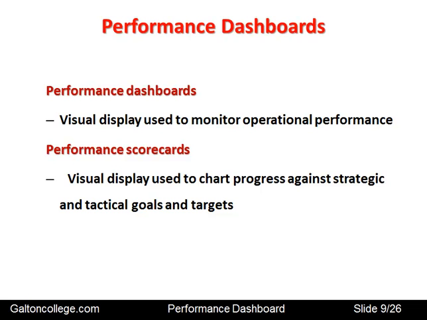Whereas performance dashboards simply show what's happening now in real time, show the amount produced in the last hour, show productivity, show the machines and how many machines are running, how many machines are under maintenance, and the current state. So the current state of the organization is presented on a screen. That's the performance dashboard.